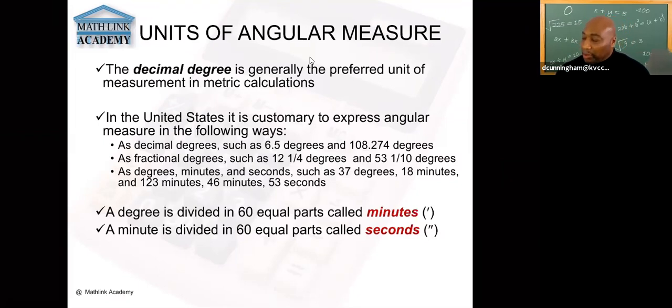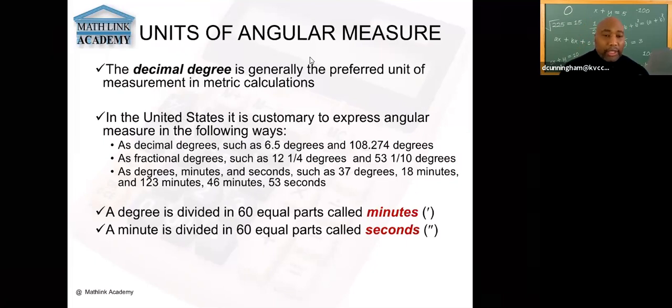So normally you put the degree sign above what we have here. So we'll say 6.5. That is 6.5 degrees, and that's in decimal form. Or again, 108.274 degrees. Notice you need to put the degree sign so we know we're talking about degrees. And normally in the US, we do that in decimal form.